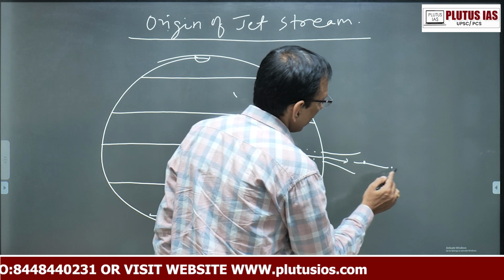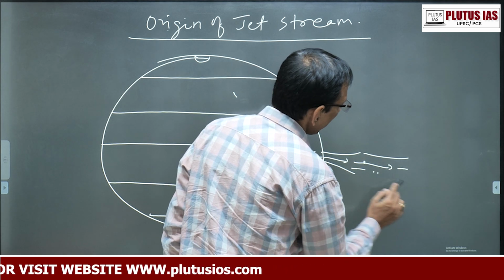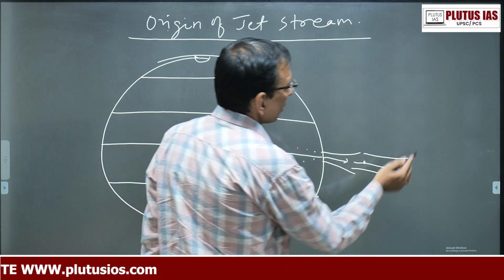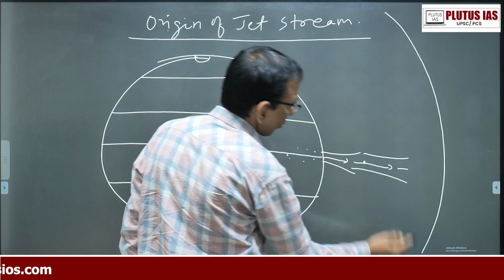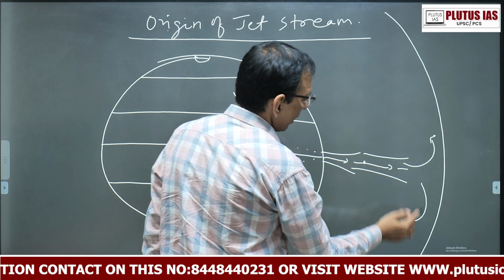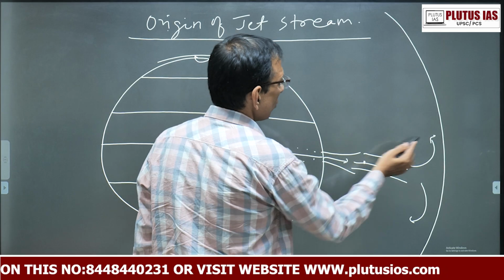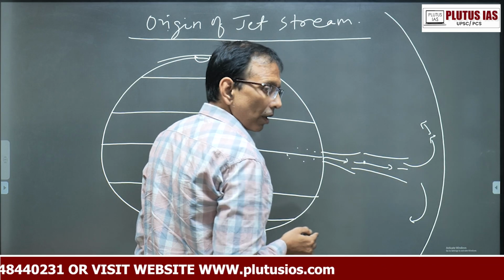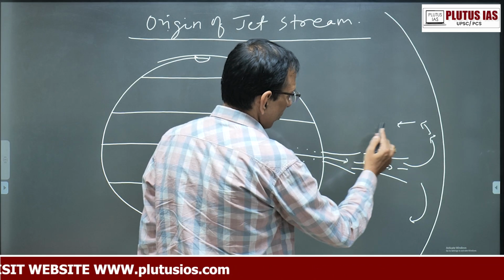As a result, air is getting uplifted, and then at the higher reaches of the troposphere, it is getting subdivided, and it reaches the 30 degree latitude and then subsides.